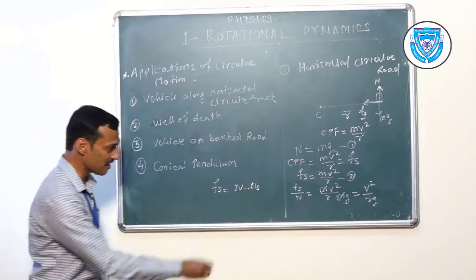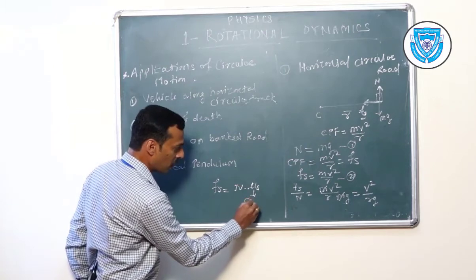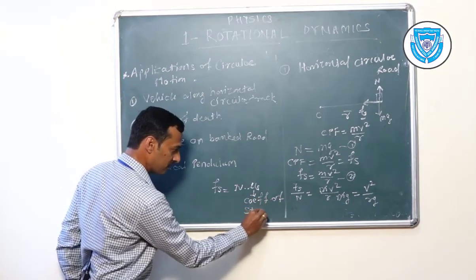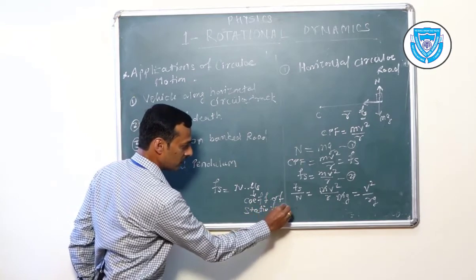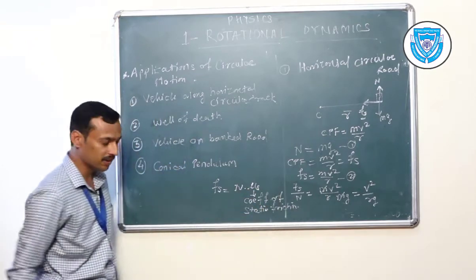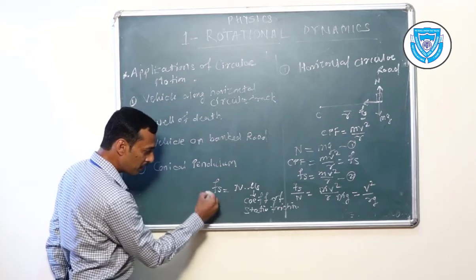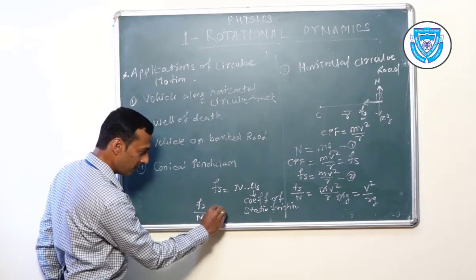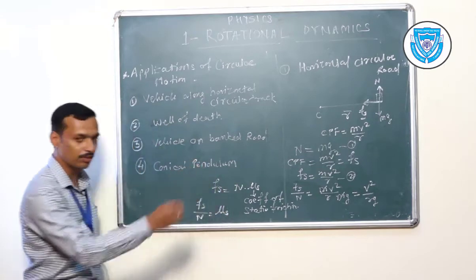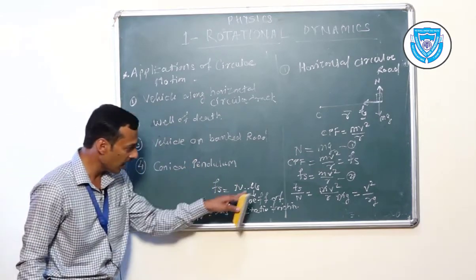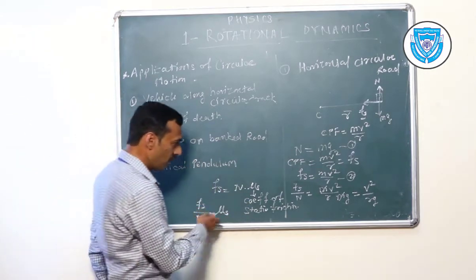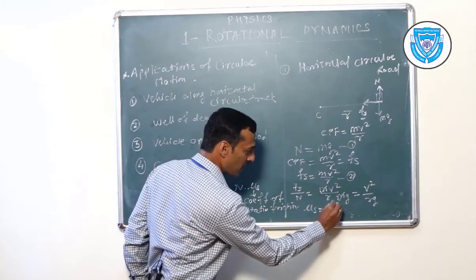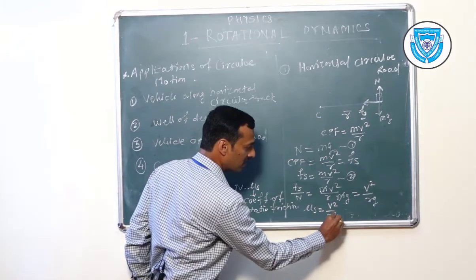What is mu s? Mu s is the coefficient of static friction. So Fs upon n is nothing but mu s. We put that value, so we can write mu s is equal to v square by rg.